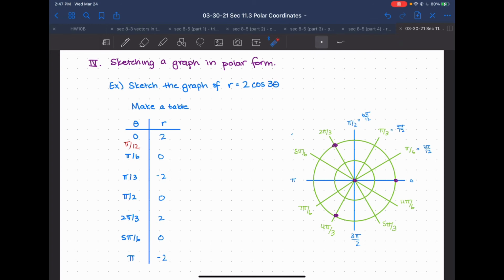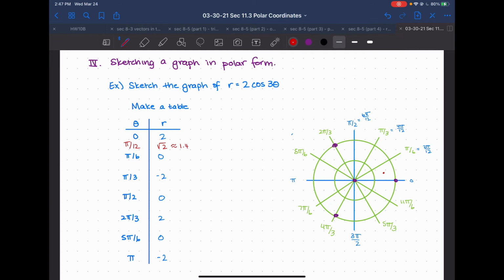So 3 times pi over 12, that's pi over 4. Cosine of pi over 4 is root 2 over 2, times 2 is just root 2. And let's go ahead and plot these points while we've got them. So pi over 12, root 2. Root 2, remember, is about 1.4. So if I go in between but 1.4, it's going to go somewhere there.